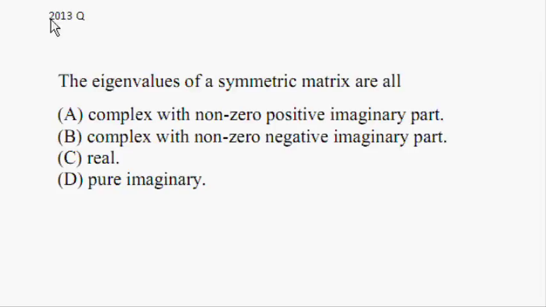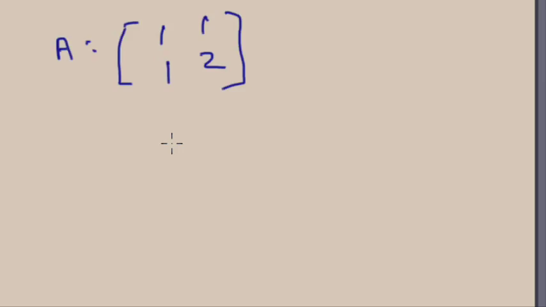This is a 2013 question. The eigenvalues of a symmetric matrix are what? To find the solution, you just take an example and get the eigenvalues of a symmetric matrix. So I am taking this simple example [1 1; 1 2].